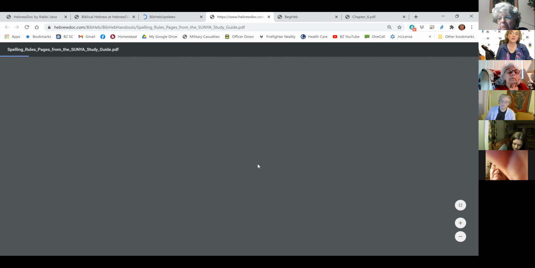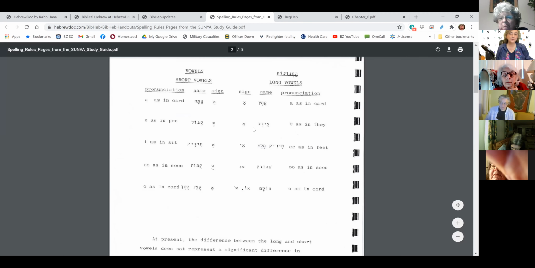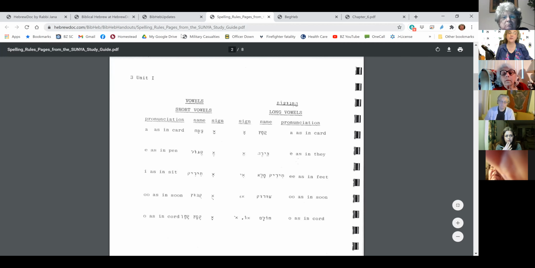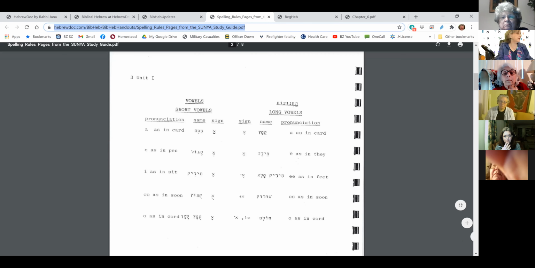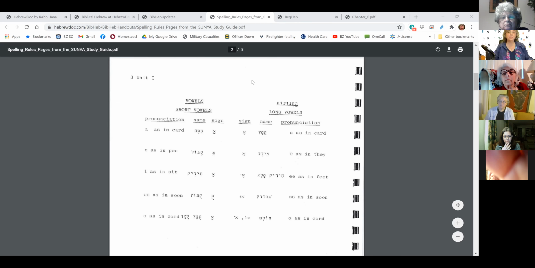I'm having some problems. So it is on some of the flashcards for it, but here we have it right here. We have long vowels and short vowels. So I'm going to copy and paste this and put it into our chat also. Because this is a PDF, a page from the book that we wrote.